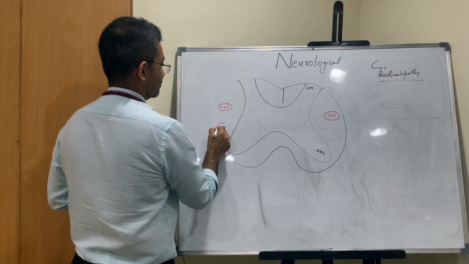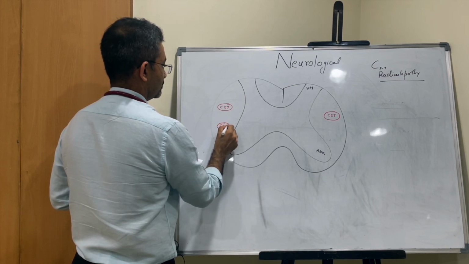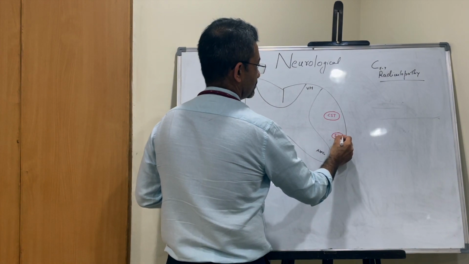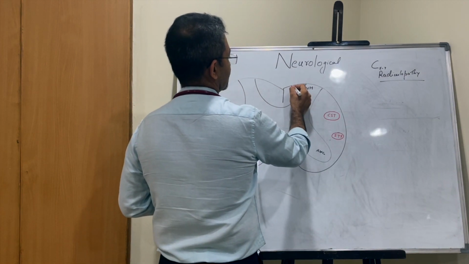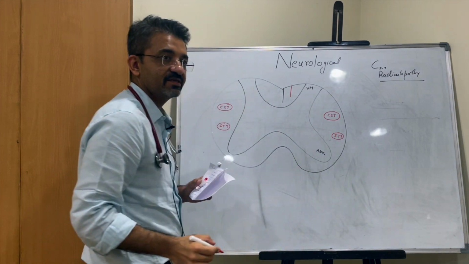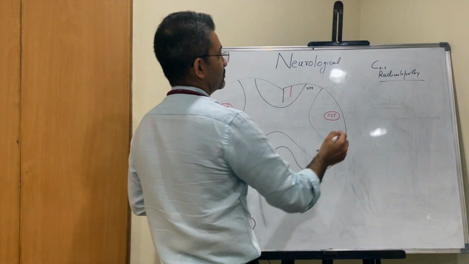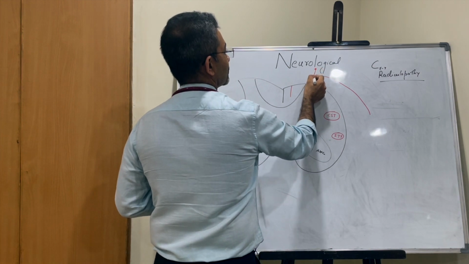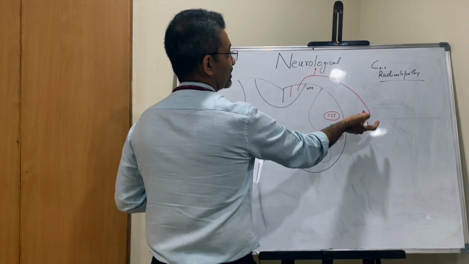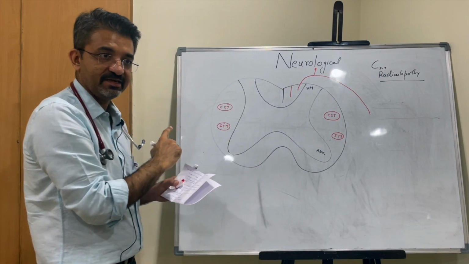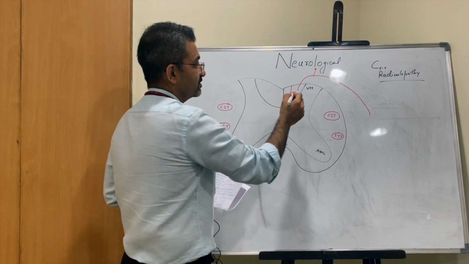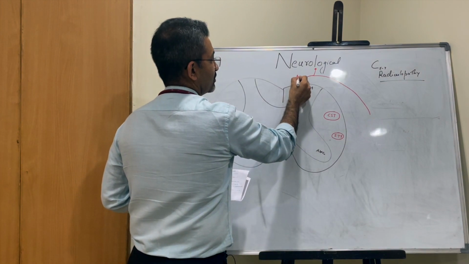Here you have the spinothalamic tract, and here you have the gracilis and cuneatus fasciculus, right? So you have your posterior column sensations going right in, they are not crossing over to the other side, and there is no synapse here, and it goes up, right?